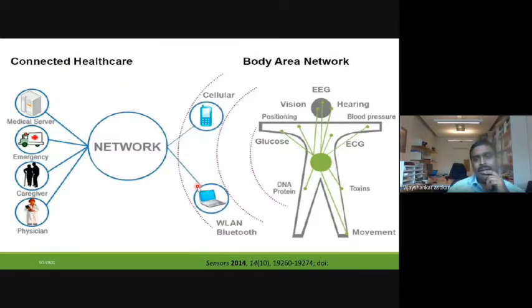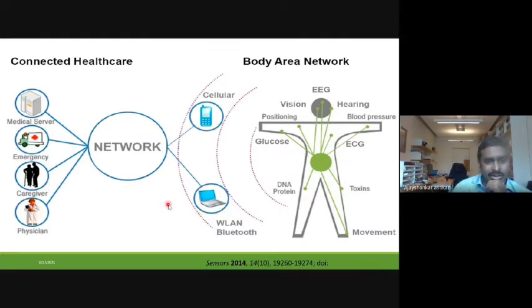For example, this is one of the processes which may be developed for application in the future. There are advanced healthcare systems associated with the human body, which calculate all the things.